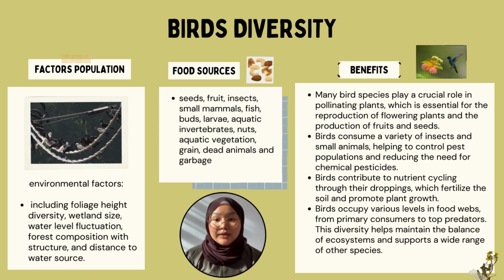Birds contribute to nutrient cycling through their droppings, which fertilize the soil and promote plant growth. Birds occupy various levels in food webs, from primary consumers to top predators. This diversity helps maintain the balance of the ecosystem and supports a wide range of other species.